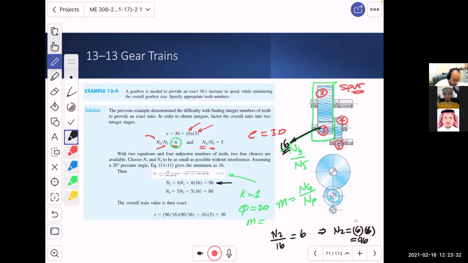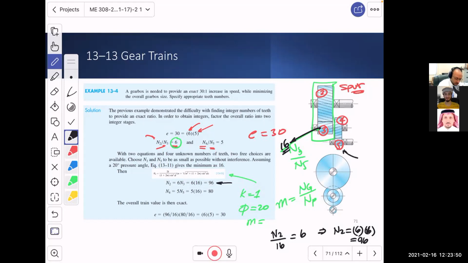And now, taking this as the minimum, I can also assume that the other set has a pinion and a gear, right?